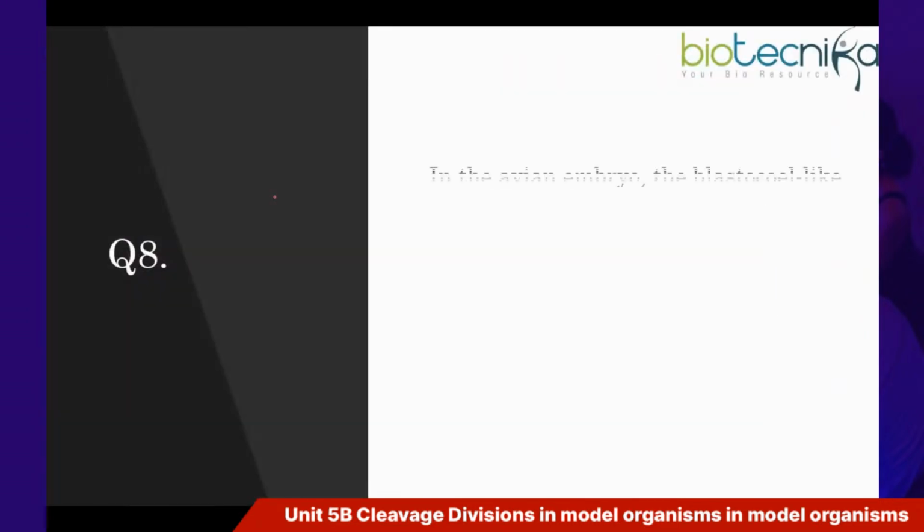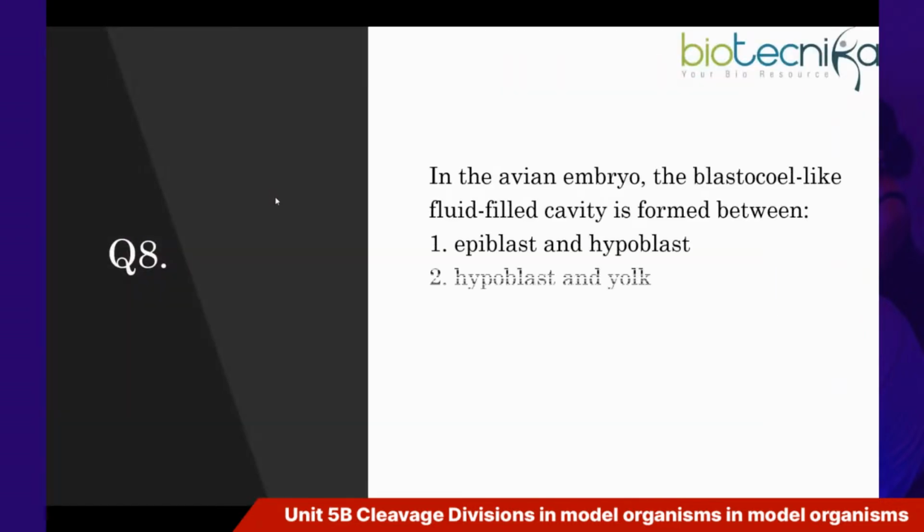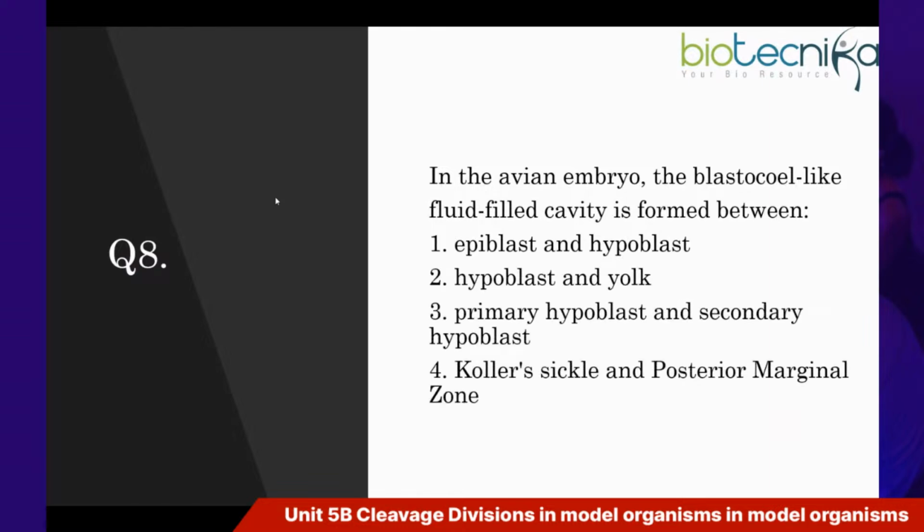So we have one last question, very easy question. We had discussed cleavage division. In the avian embryo, the blastocyst-like fluid-filled cavity is formed between what? So avian means chick embryo. In avian embryo, you might recollect that we have telolecithal egg.